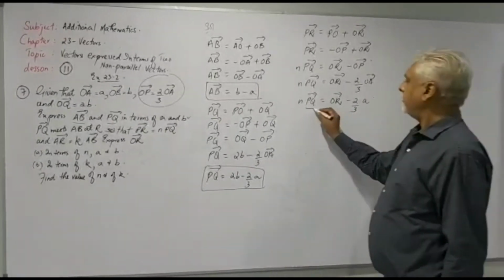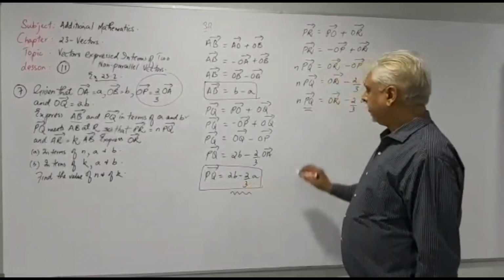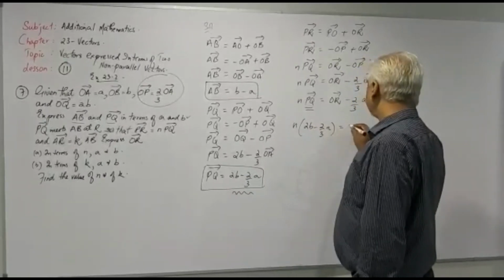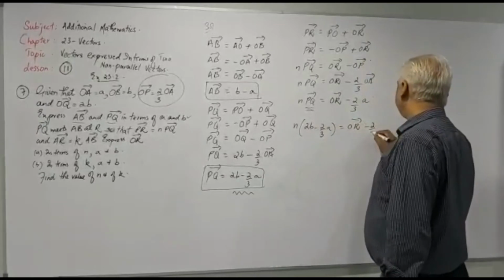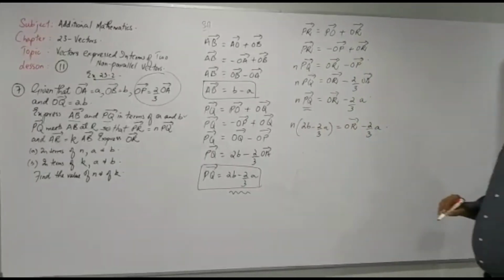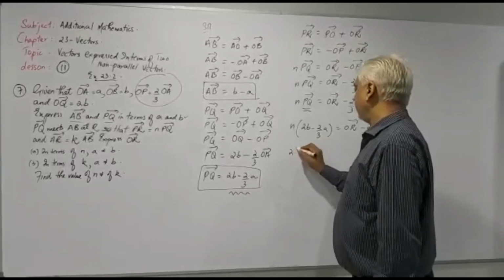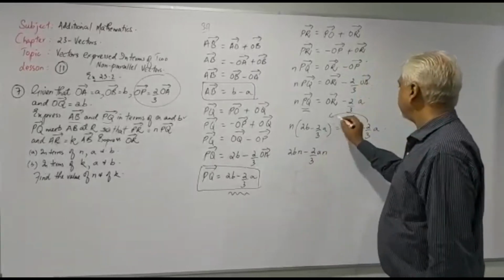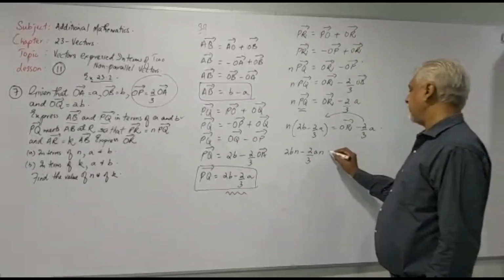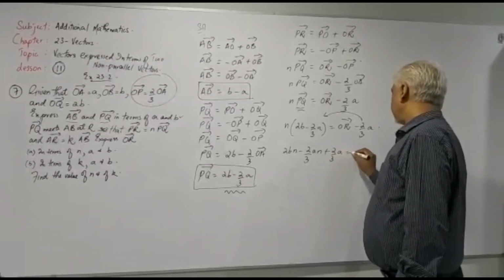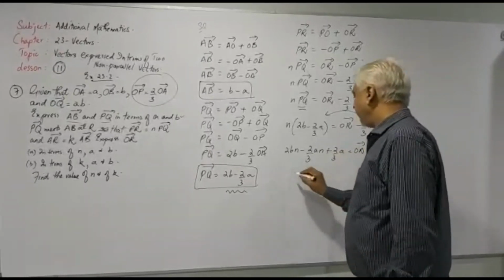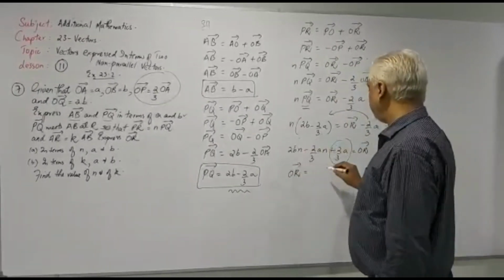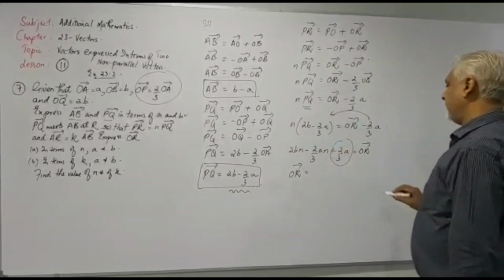Okay, and PQ we know is 2B minus 2 over 3 A, equal to OR minus 2 over 3 A. Now let me just expand this. So I'll get 2bn minus 2 over 3 an, and bring this minus 2 over 3 A to the other side. So you'll get plus 2 over 3 A is equal to OR. Now from here and here I will take 2 by 3 A common.